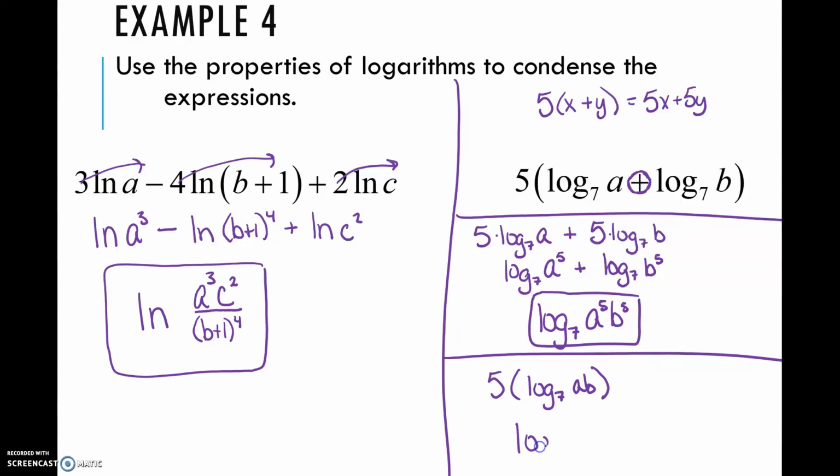So we could then put that AB in parentheses to say that both of them are affected. It would be log base 7 of AB raised to the 5th. Both of those are considered correct. I don't care which way you do this. I would prefer that you use the top method because I think it makes more sense based on how we normally condense logs, the process that we normally follow.